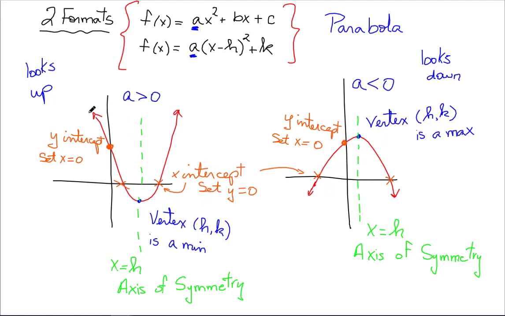If you look at this U-shaped object, it's symmetrical, and it's symmetrical about a line that goes through the vertex. And that line is called the axis of symmetry. And it's just x equals a number, and that number is the first coordinate of the vertex.